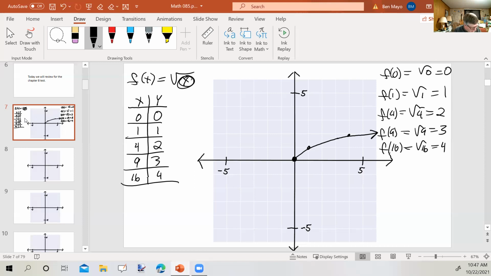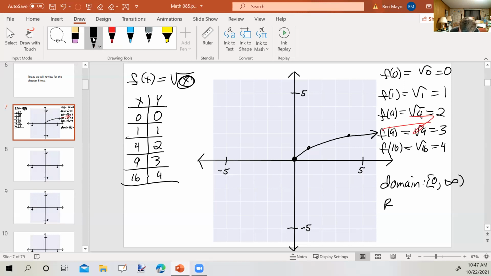Okay. Now, it says not only to complete the table and draw the graph, but also to identify the domain and the range. Well, the domain, all the x values, starts at 0 and goes on to positive infinity, because this arrow continues on, okay?